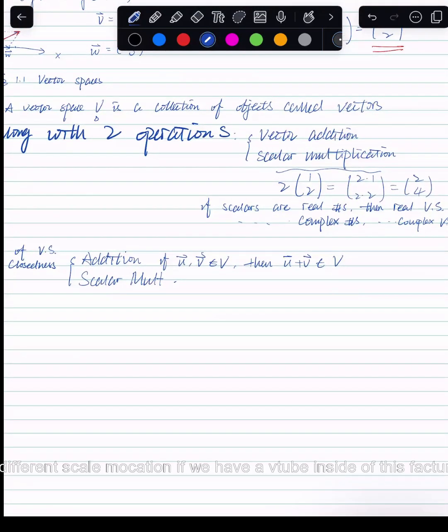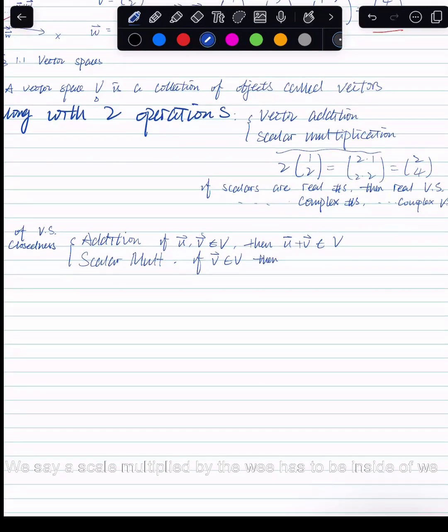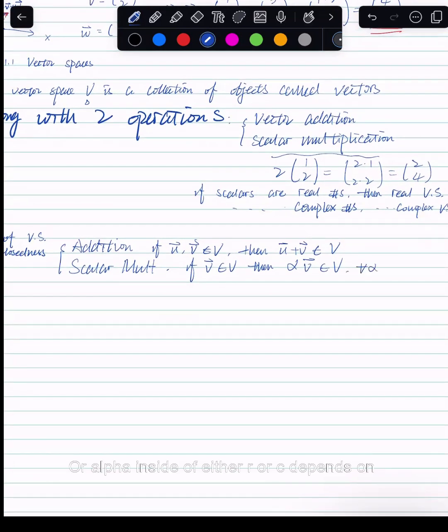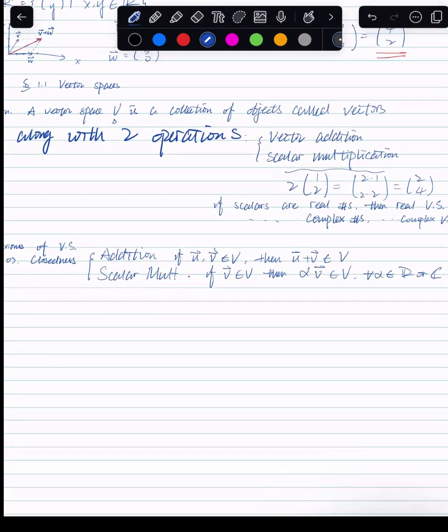And similarly for scalar multiplication, if we have a vector v inside of this vector space, then a scalar multiplied by this v has to be inside of V, for alpha inside of either R or C, depending on if we're talking about the real vector space or complex vector space.